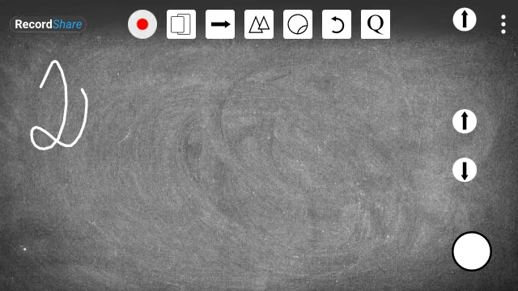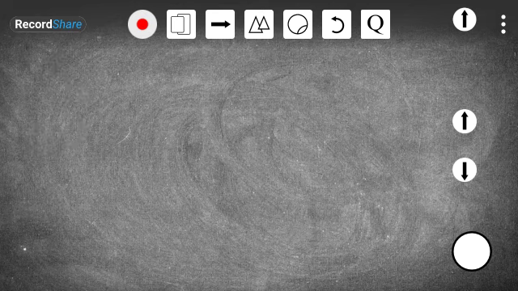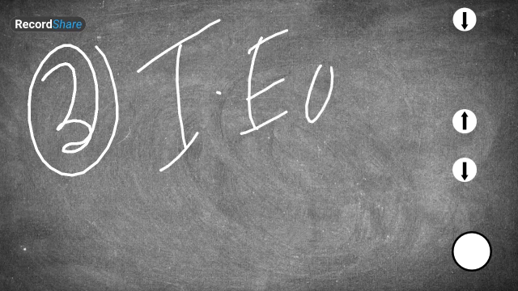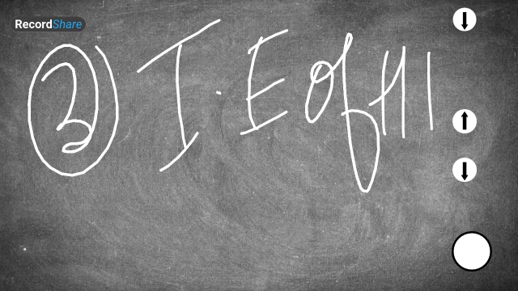Number 3 point is ionization energy. What do you mean by ionization energy? Ionization energy means the energy that is required to remove the electron from a gaseous isolated atom. So the ionization energy of hydrogen is much more than the ionization energy of alkali metals.